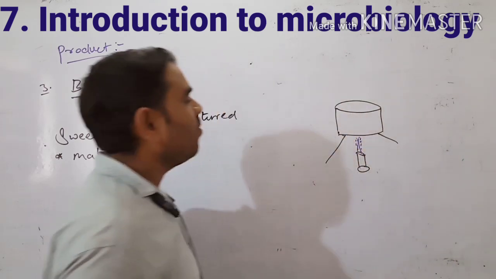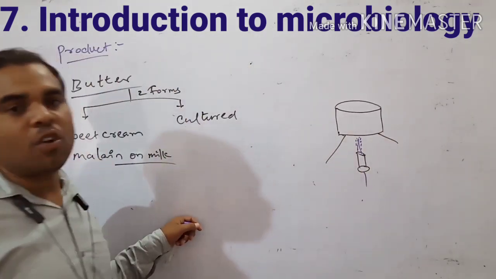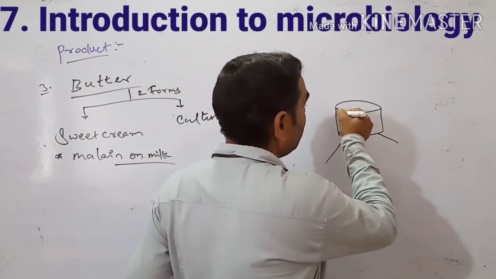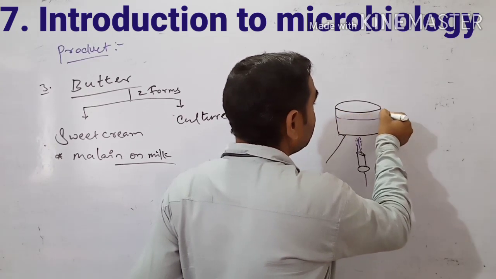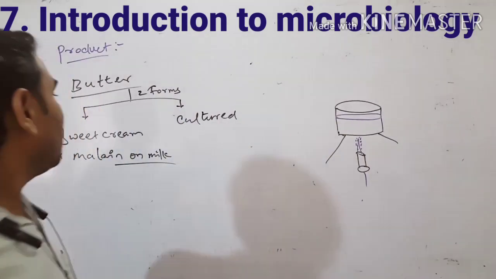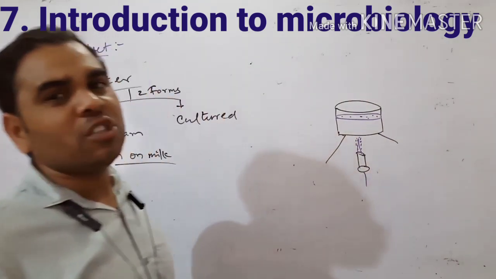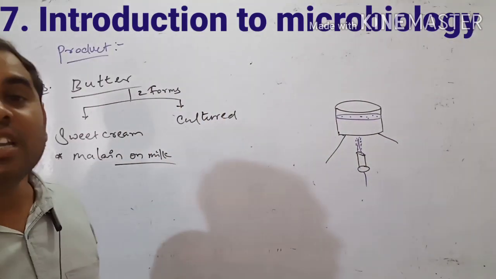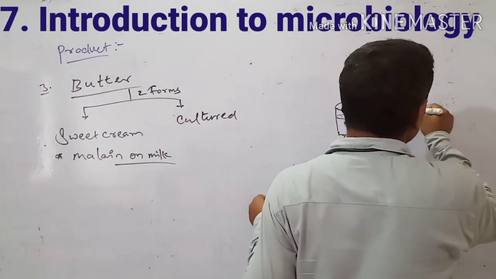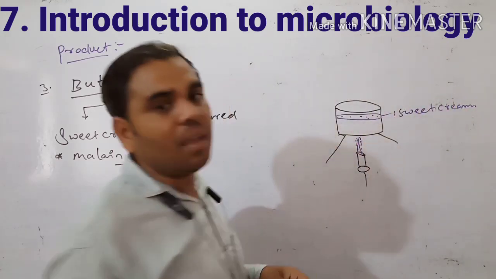See what will happen. Present in the milk is cholesterol, and on the upper surface a layer is forming. This layer that is forming, we are calling the cream. जो दूध के ऊपर जो लेयर फॉर्म होता है, थिक लेयर फॉर्म होता है, उसको अपन स्वीट क्रीम बोलते हैं. स्वीट क्रीम. और नीचे जो रहता है मिल्क रहता है.